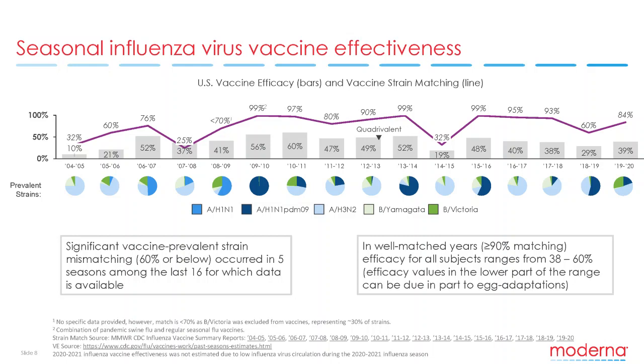And then the line graph above it shows how well the vaccine was actually matched to the virus that was circulating. So even though we're doing a decent job of matching the strains, the vaccines are just not that effective. There are a number of reasons for this, but this is why Moderna thinks that they can very strongly get their foot in the door.